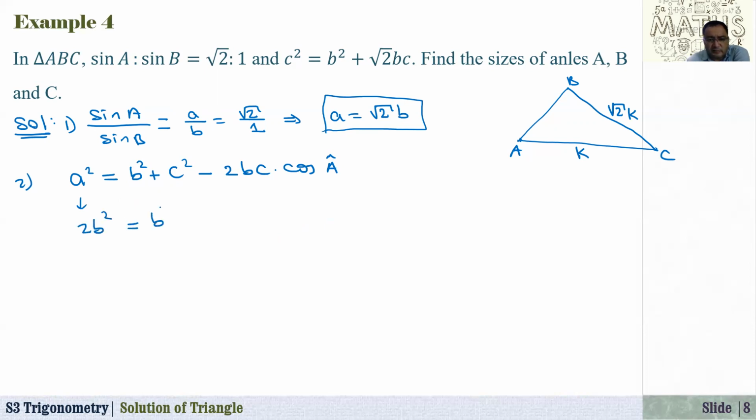On the right hand side, we have B squared plus C squared minus 2BC cosine of angle A. So now take this B squared to the left hand side, we have B squared.